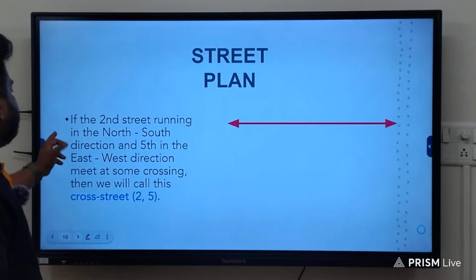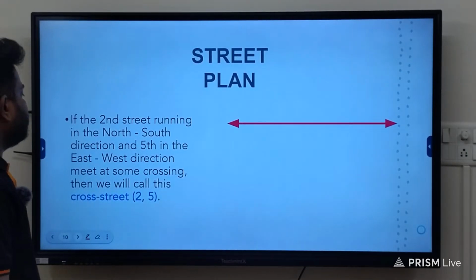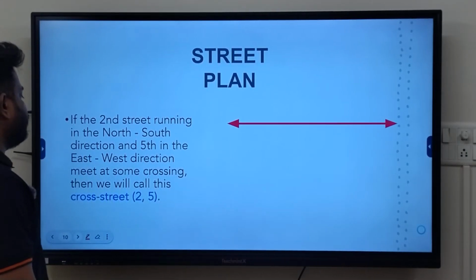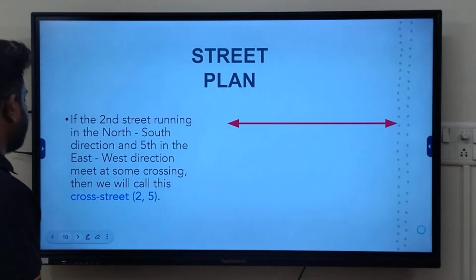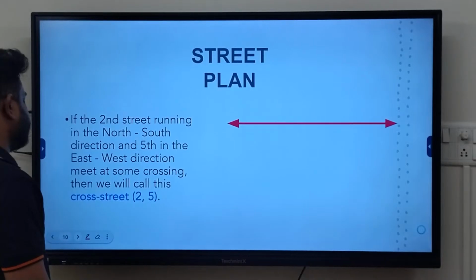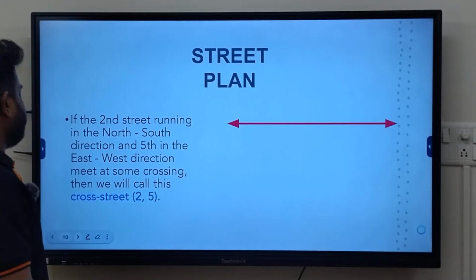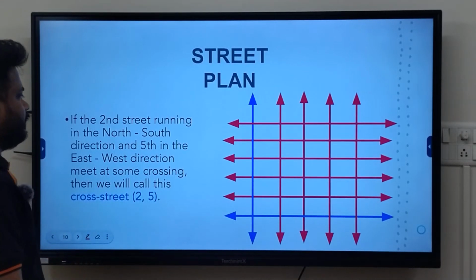Okay. If the second street running in the north-south direction and the 5th in the east-west direction meet at some crossing, then we will call this cross street 2, 5.